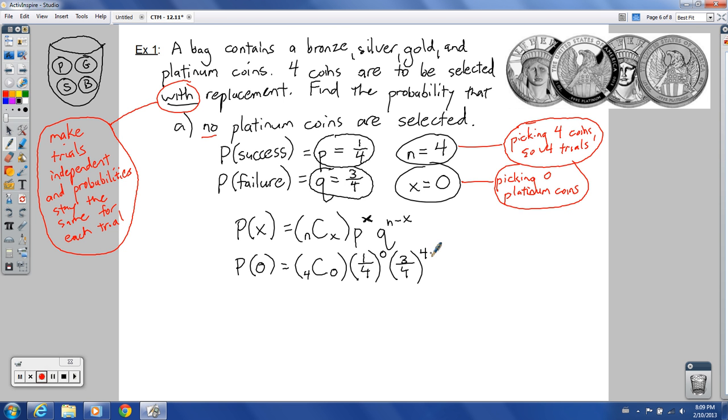After we do this one, I'll show you the other way you could do this and show you why this is such a beautiful formula, why it's so helpful with problems like this. So for choose 0, I could use my calculator with these things. You need to know how to do these by hand, but you can use your calculator when I tell you it's okay. And right now I'm telling you it's okay.